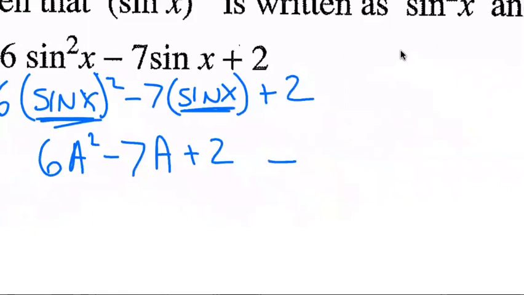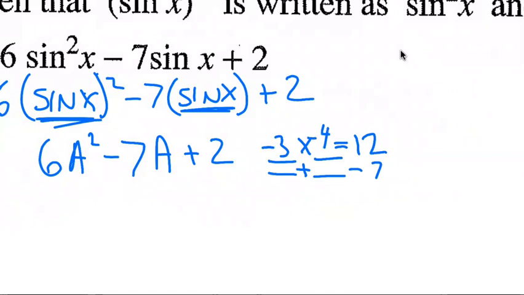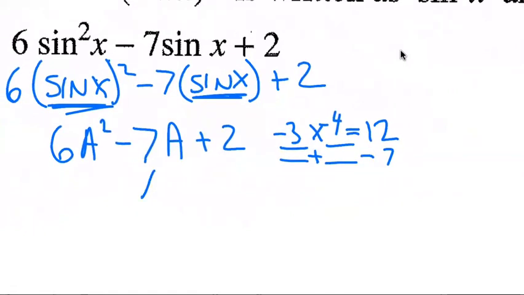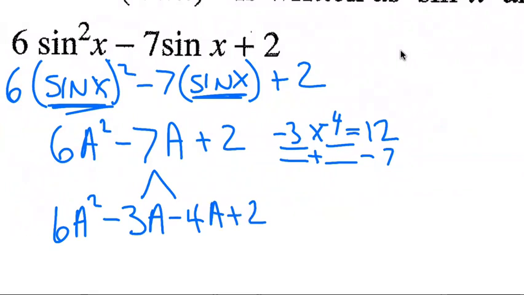Two numbers that multiply together to give 12 and add together to give negative 7: negative 3 and negative 4. And hopefully some of these factors are coming to you that fast. Okay, so 6a squared minus 3a minus 4a plus 2.